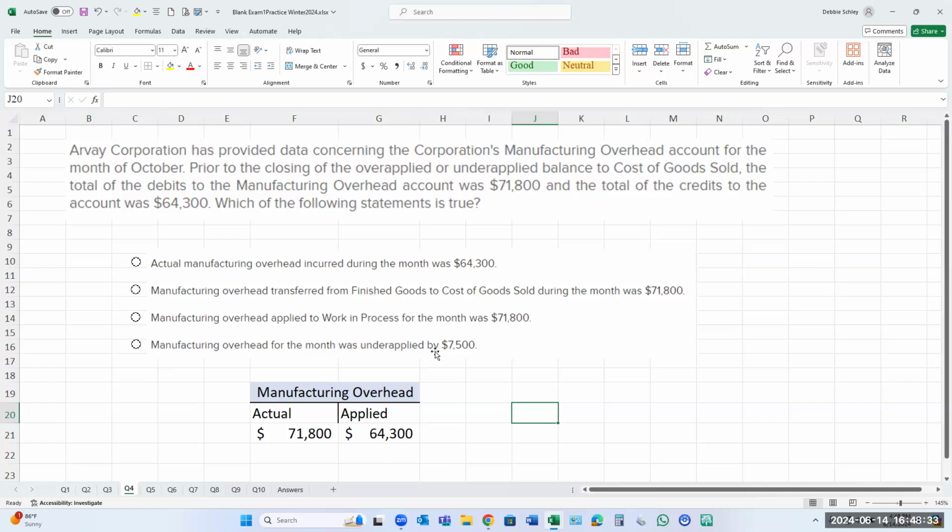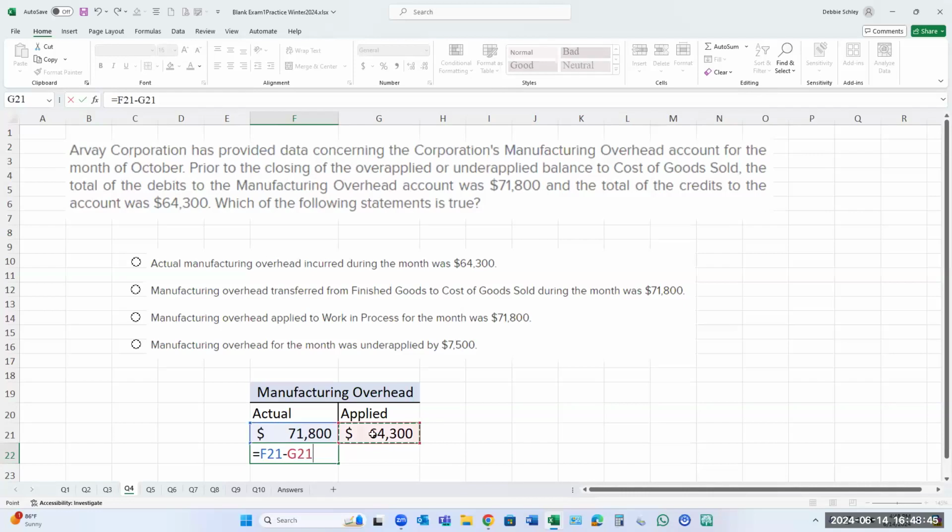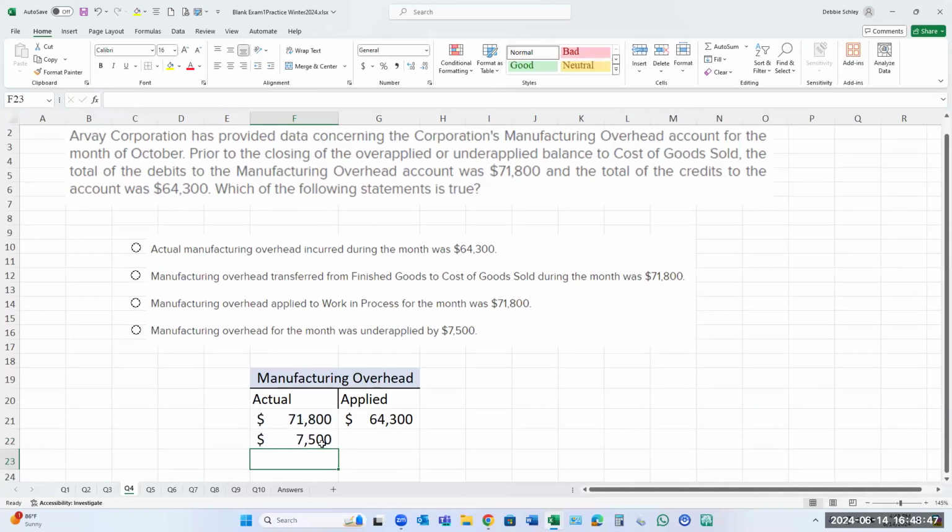Manufacturing overhead for the month was underapplied by $7,500. Well, let's see. Actual minus applied is 7,500, and applied is less than or under actual, so it was underapplied.